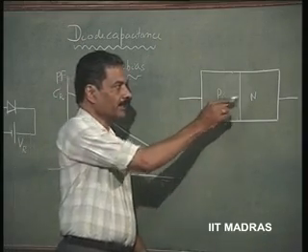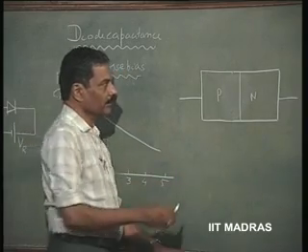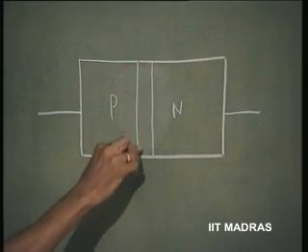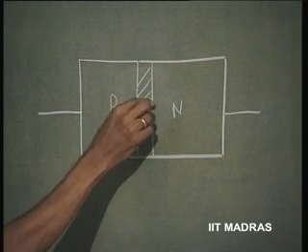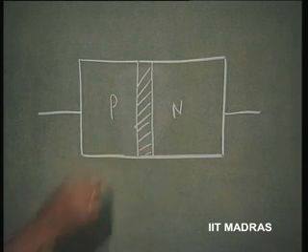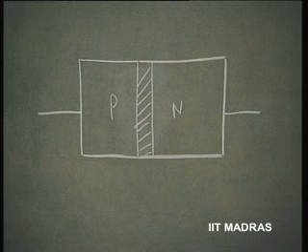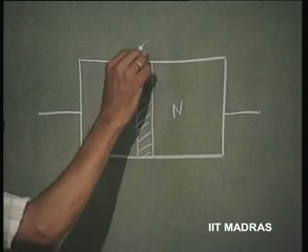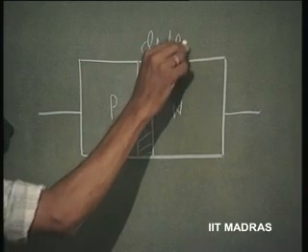When it is a p-n junction like this, at the junction we have a region depleted of carriers, free carriers. This region is called the depletion region.